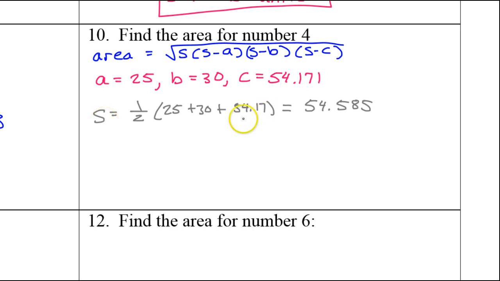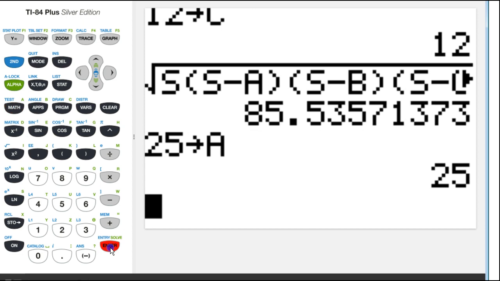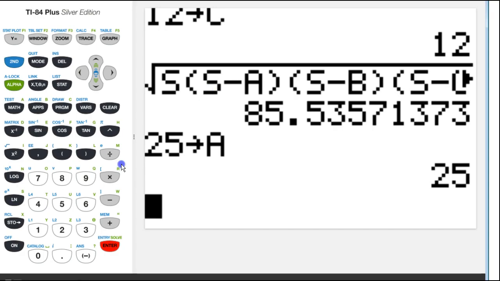So at this point, I'm just going to substitute all four of these values into this formula and put it all in my calculator. Now I'm once again going to use the store feature of my calculator to make this go faster. So since A is 25, I'm going to hit 25 and store that into letter A. And then B is 30.